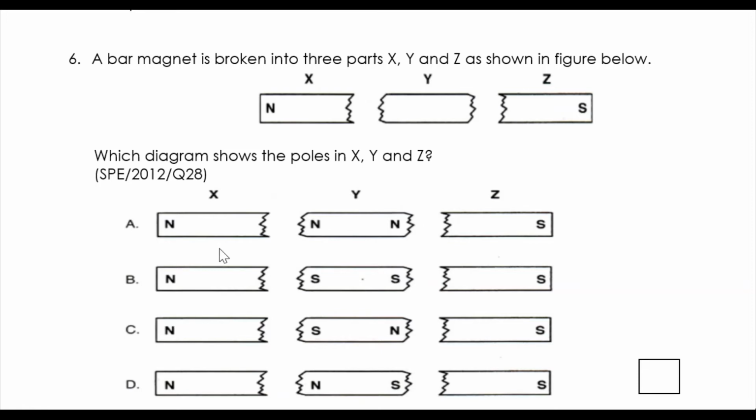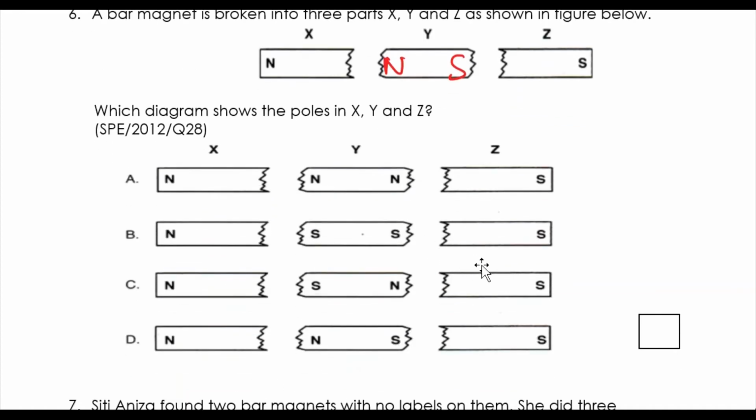I would assume, because it's actually broken up already, right? This is the north pole on one side and that's the south pole on one side. I would think this should be the north and then this should be the south. But let me have a check in this one actually.